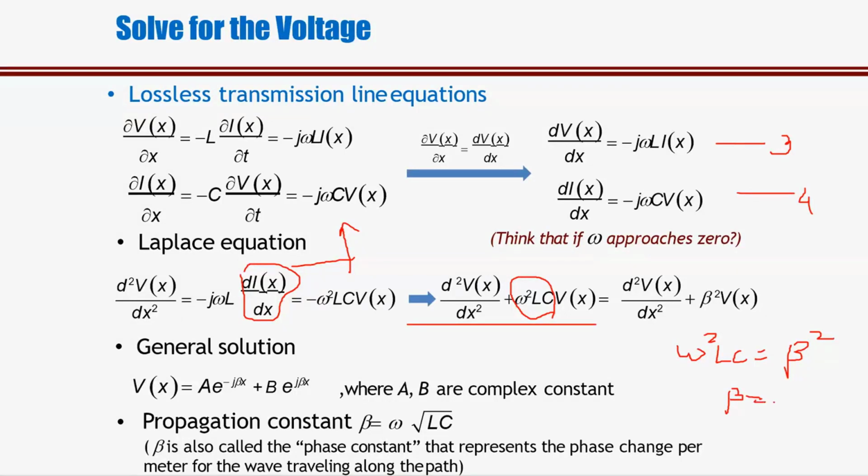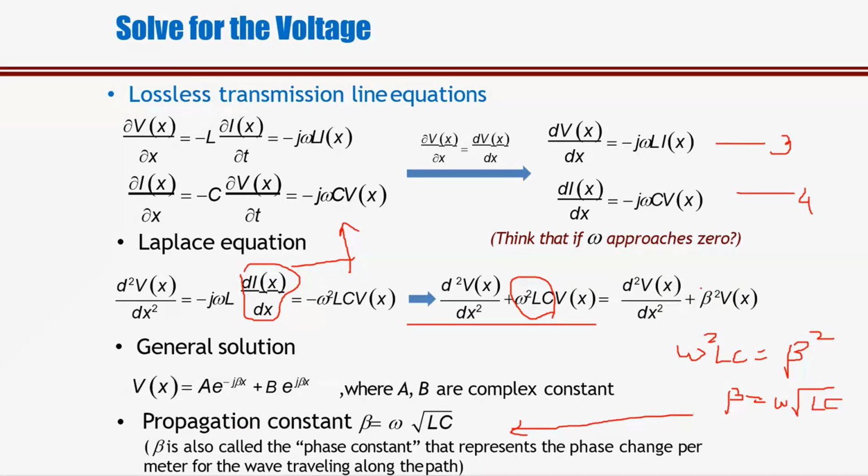Beta is equal to omega under square root L into C, and this is called the phase constant, because for a lossless line alpha is 0. No attenuation is there. So this beta we can call the propagation constant directly.